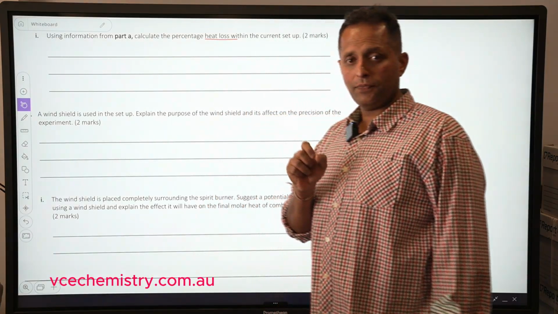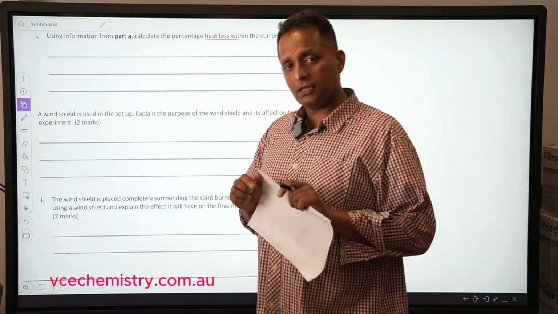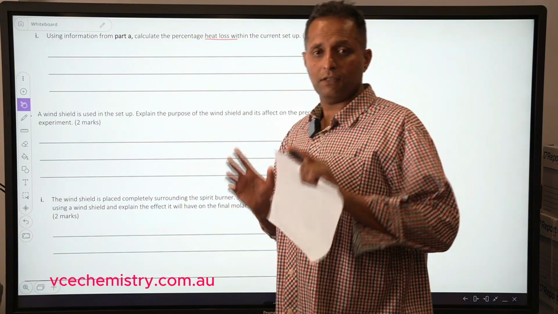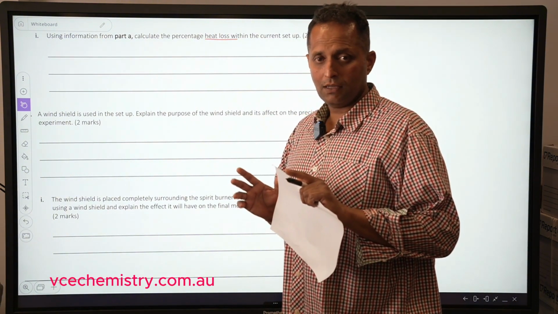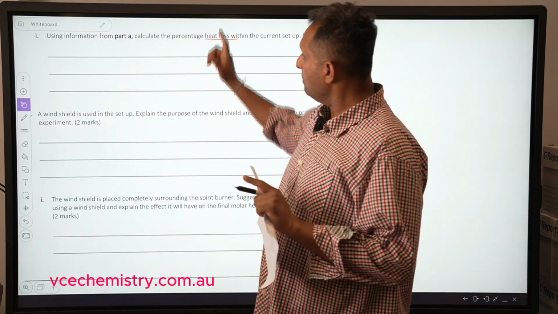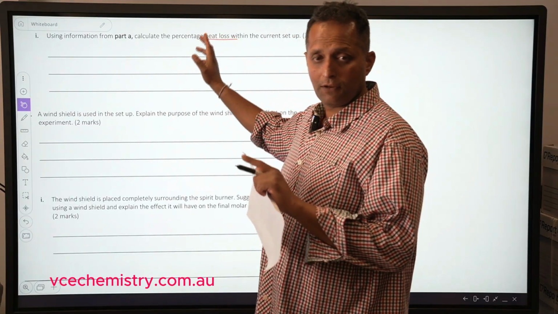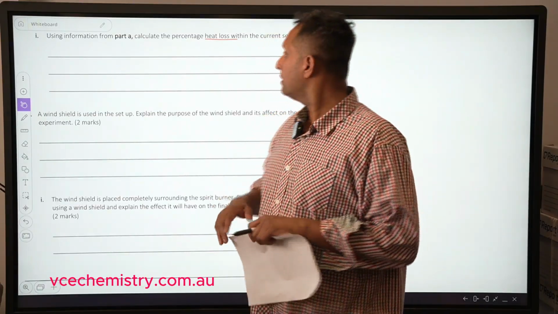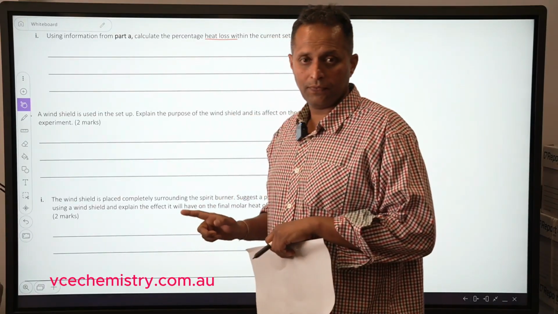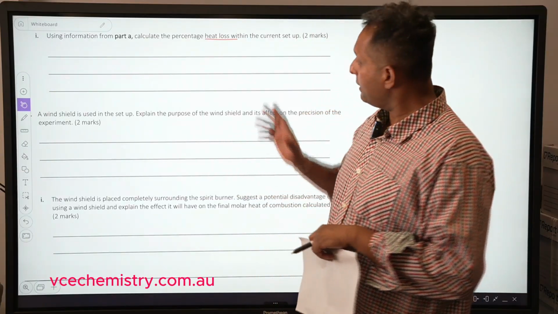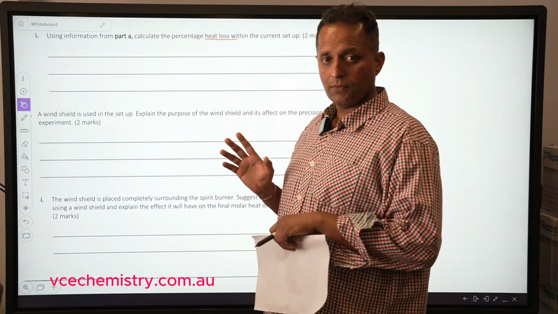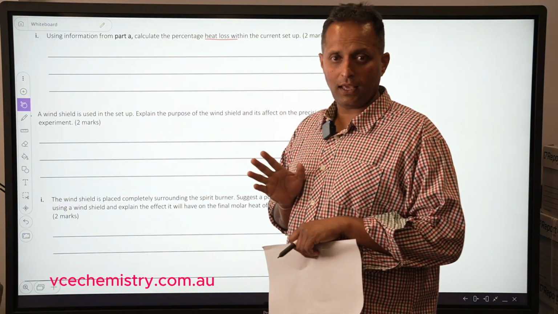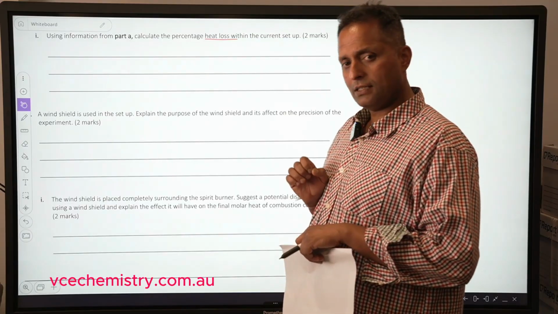In order to do that, you need to find the theoretical heat of combustion and the experimental value, which we have already found. The difference between those two values is the heat lost. Once you know the heat lost, we can find the percentage heat lost without any problem.